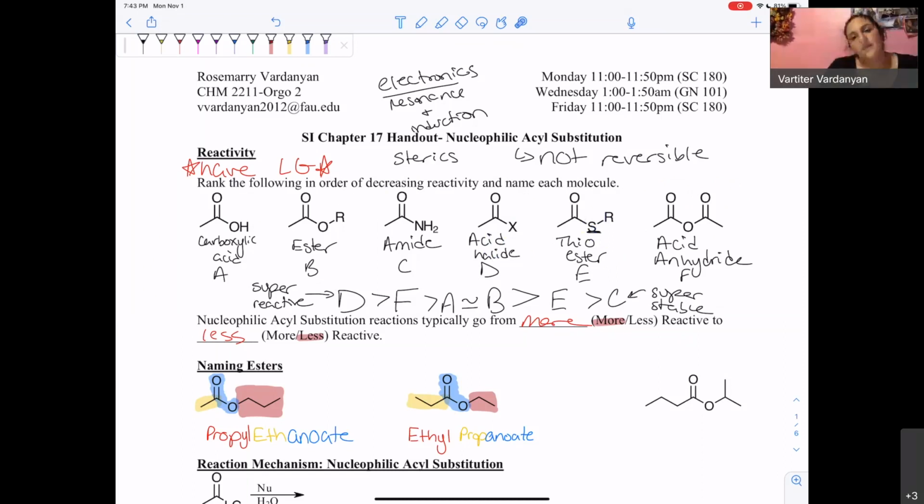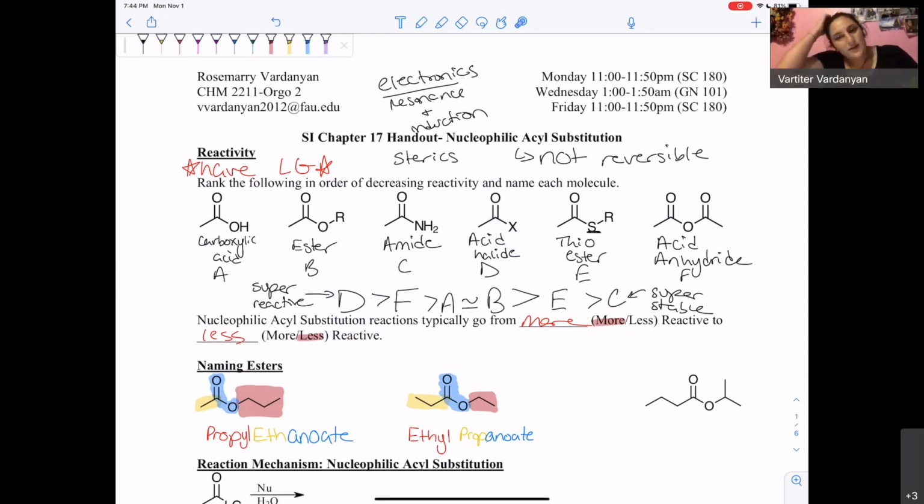And then the order of reactivity still talks about electronics and steric effects. So the less donating the groups are, the better it ends up being at being an electrophile, I should say. This guy is the only one that has an electron withdrawing group, which is going to make this more delta plus, so that's the most reactive one.